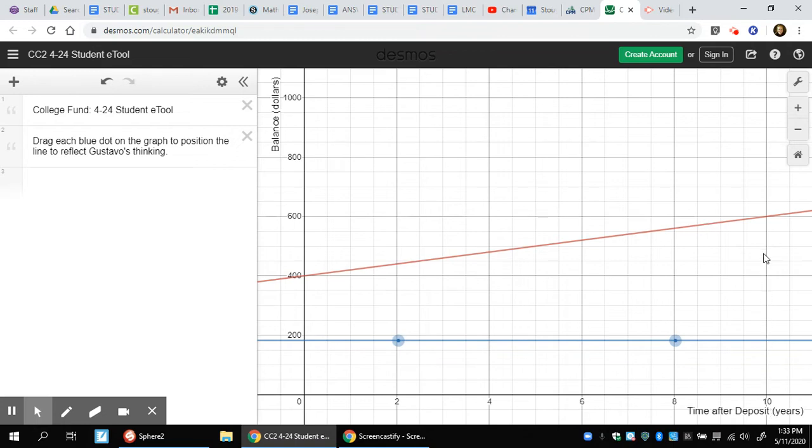If I follow that line up, it ends up being at $600. So how much money would he have after 10 years? Gustavo would have $600.